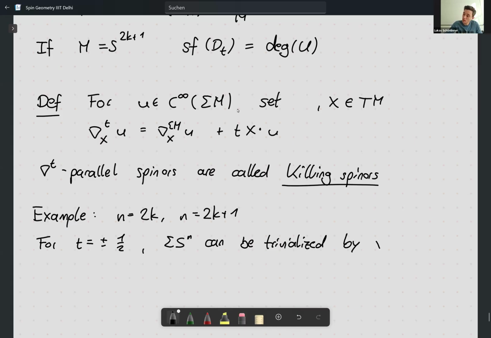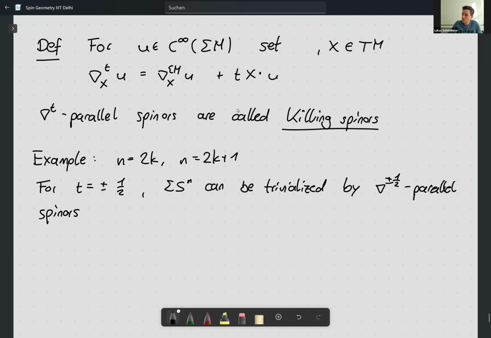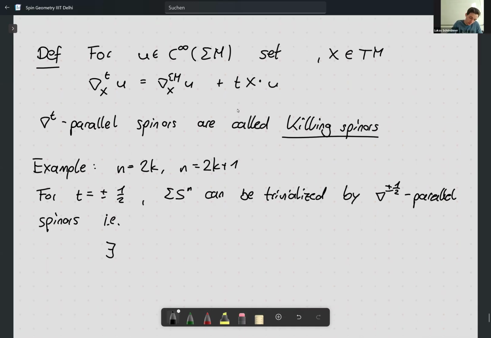It can be trivialized by Killing spinors, by parallel spinors. That is, there exists a trivialization from the spinor bundle ΣS^n to S^n times C^{2k}.